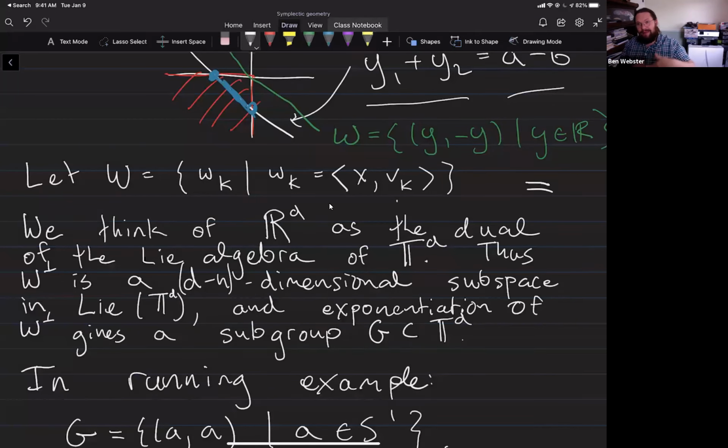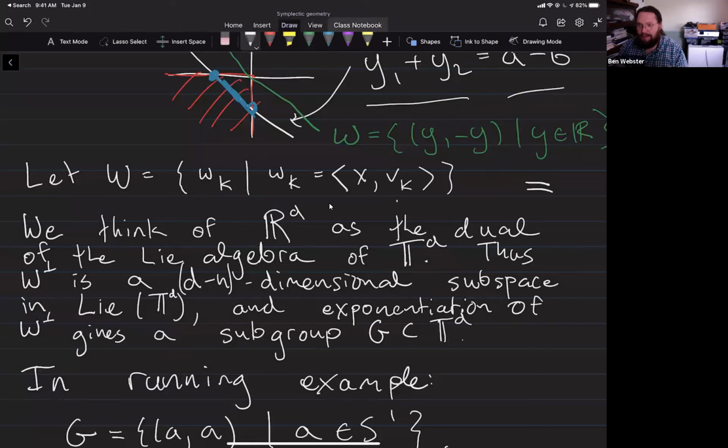Looking at an affine subspace in the dual of the Lie algebra has to do with taking symplectic reduction, taking a moment map level for the subgroup perpendicular to that affine subspace. So we talked about the case where you have a hyperplane: there's an S^1 perpendicular to that hyperplane in T dual, and restricting to that hyperplane has to do with reducing for that S^1.